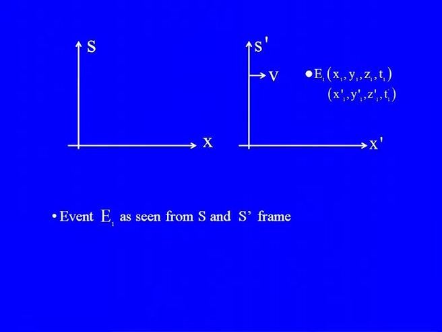And then the same event is seen at position x1 prime, y1 prime, z1 prime, and the time measured is t1 prime. So, that is the event seen from the frames S and S prime. Remember, S prime is also moving with a certain uniform velocity with respect to the S frame.